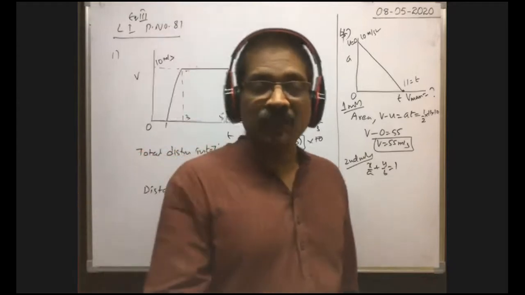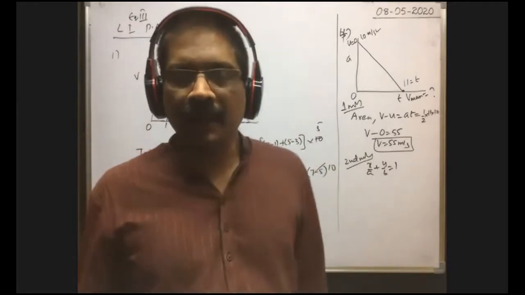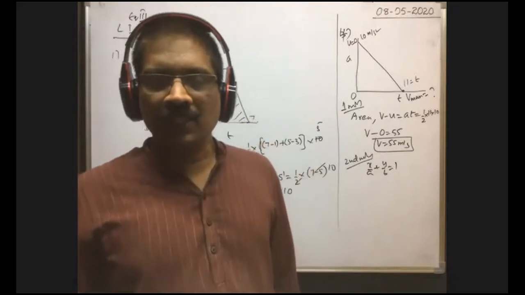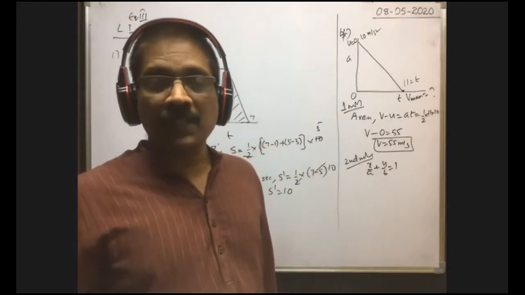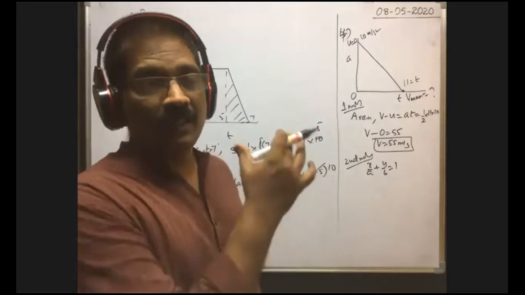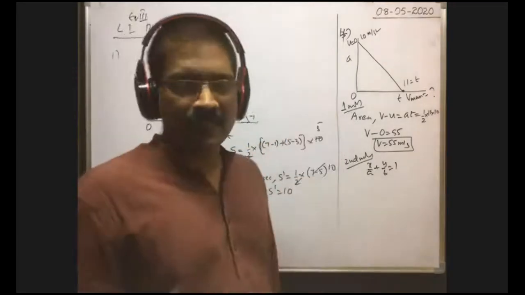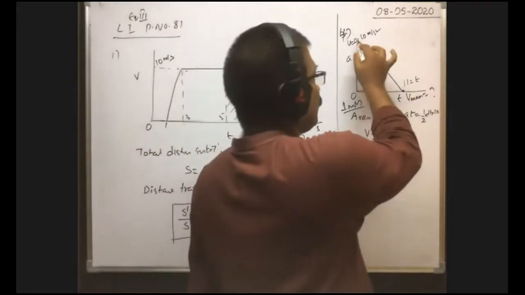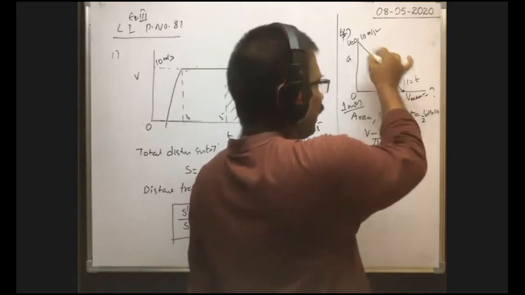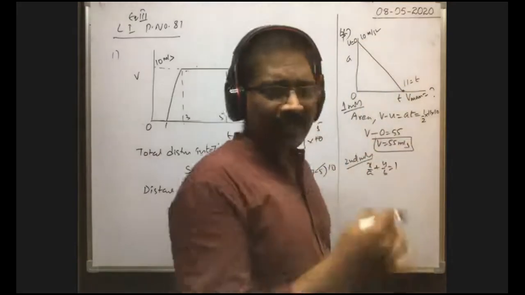Yeah, here actually very good. Somebody, Dinesh, asked me: we cannot apply v is equal to u plus at in this diagram. Yes, we cannot directly apply v equal to u plus at for velocity at any time t, because acceleration is not constant.